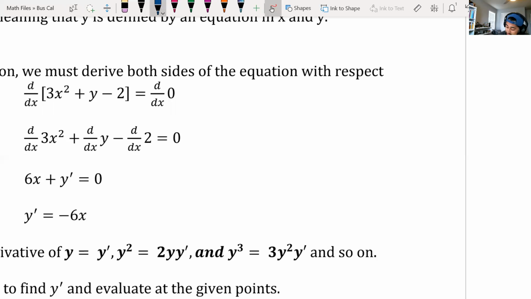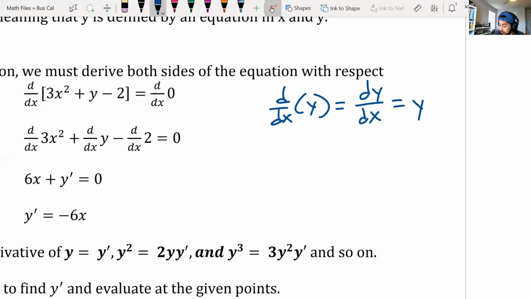So what we're saying here is that if I said d over dx of y, this says the derivative of y with respect to x. The way my math lab is going to write it is as dy over dx. The way I like to write it, to keep our work simple, is y prime. So y prime just keeps the notation simple, and we don't have a bunch of messy dy dx's everywhere.